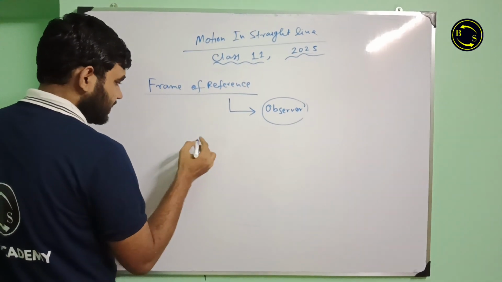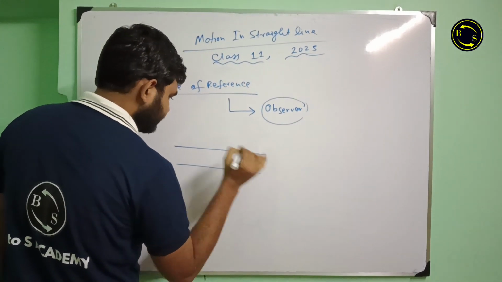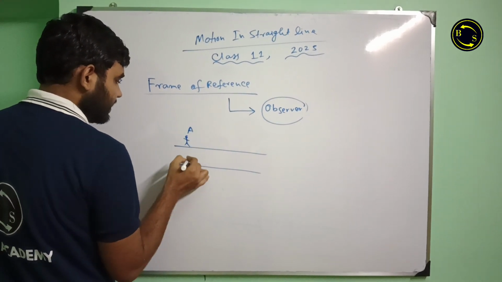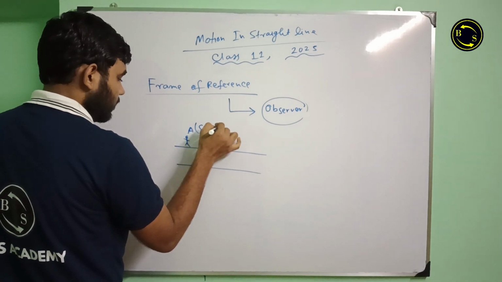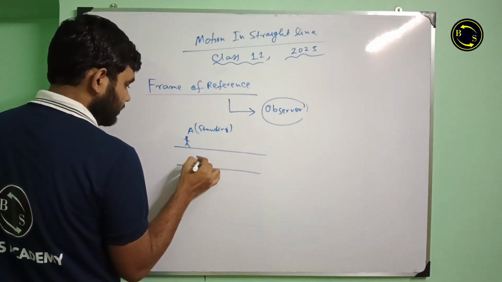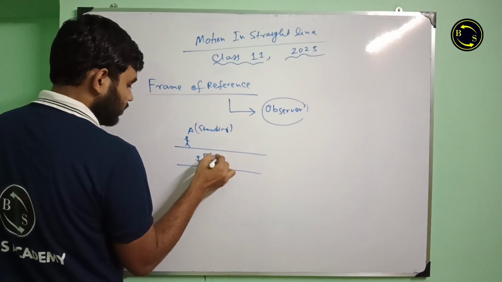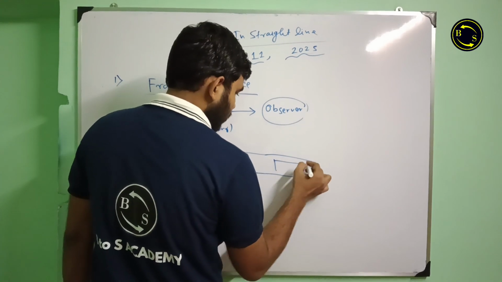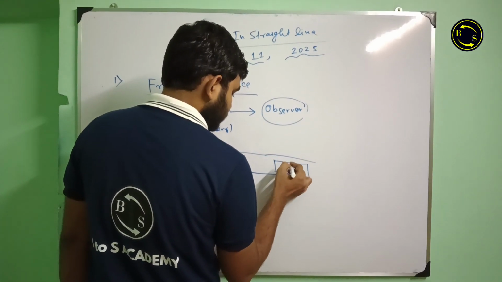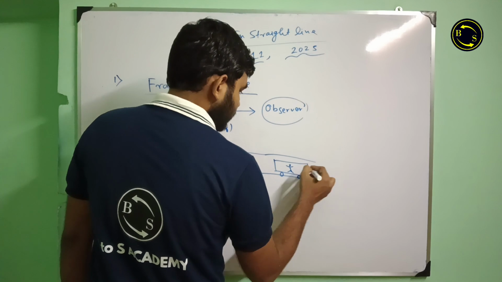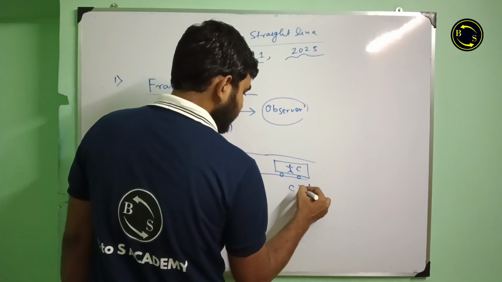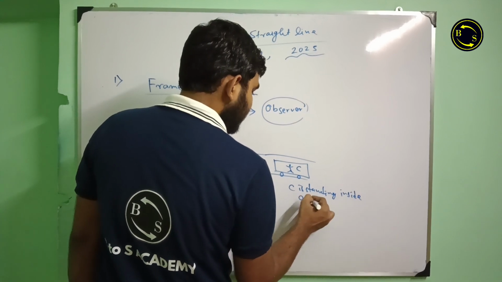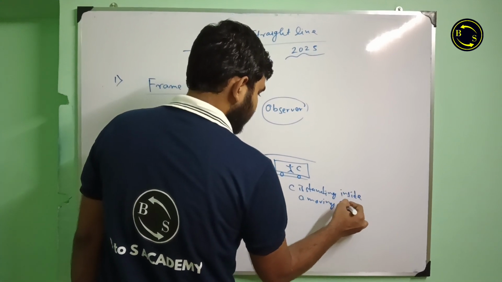যেমন একটা এক্সাম্পল দেওয়া যাক। Let there is a road, there is a man A standing here, there is another man B who is also standing here, and there is a man C standing inside a moving car.